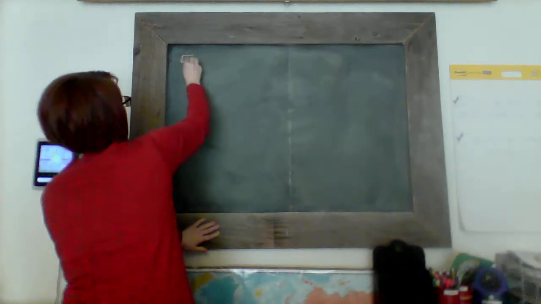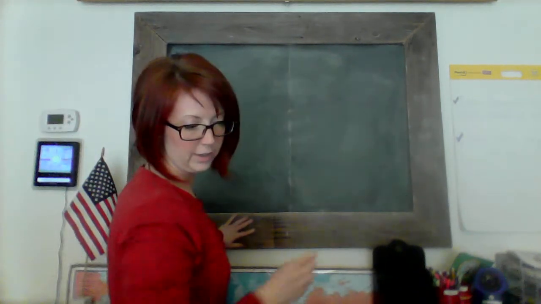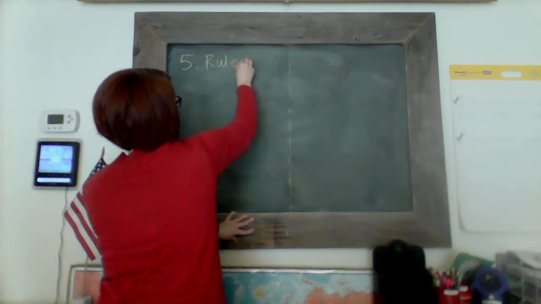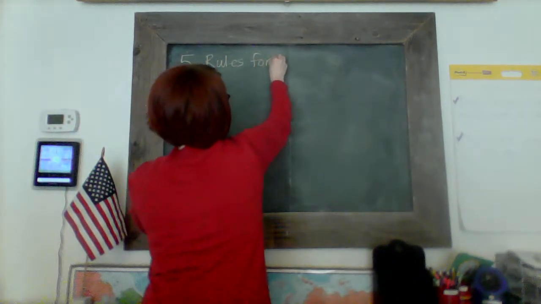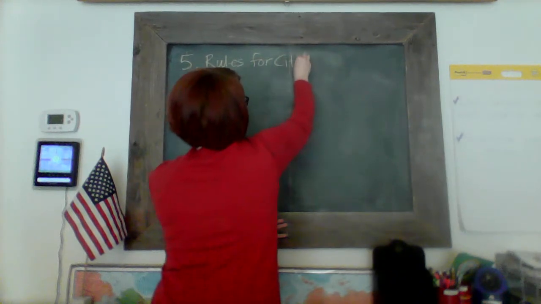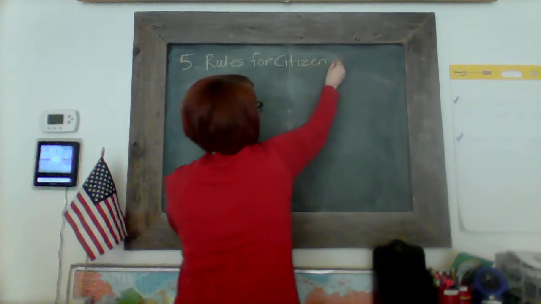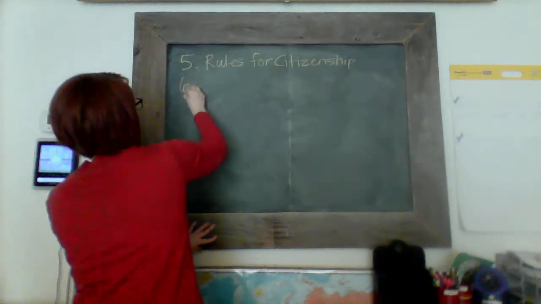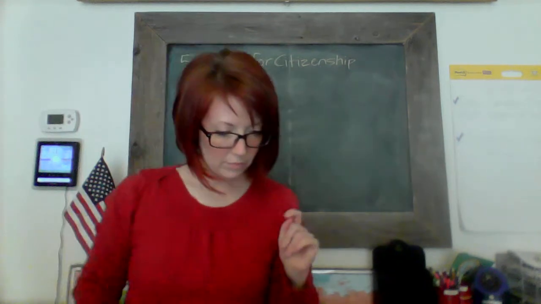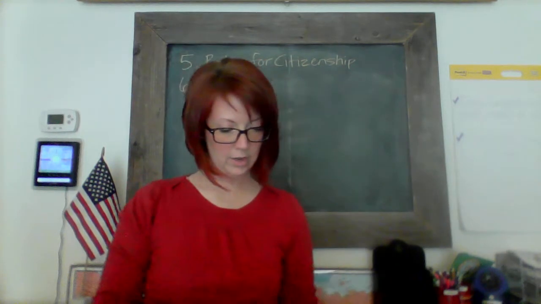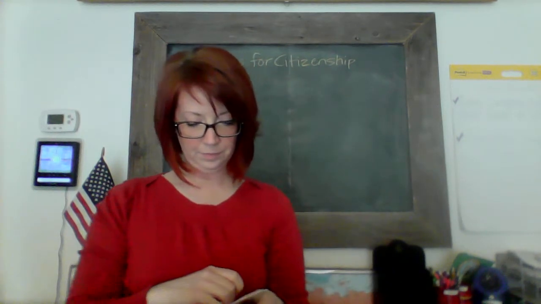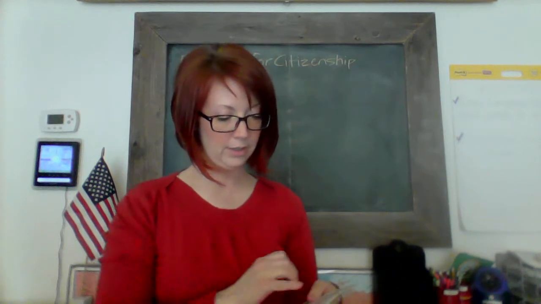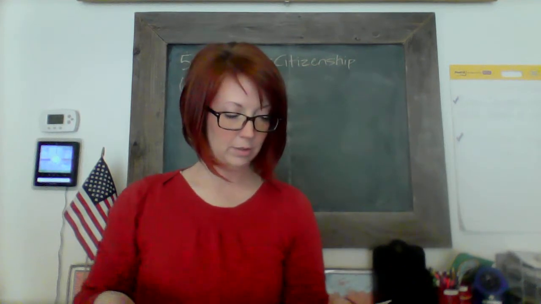Okay, power number 5 is rules for citizenship. Okay, number 6 is to establish a uniform rule. Oh, sorry. Number 6 is also included in that same clause, and that's bankruptcy laws.